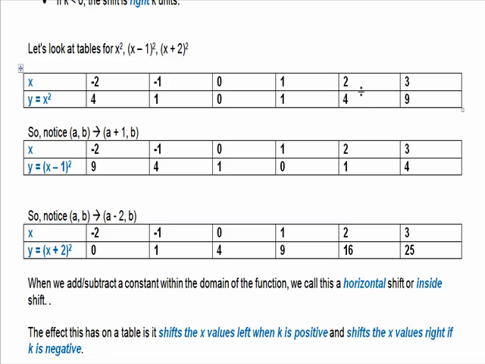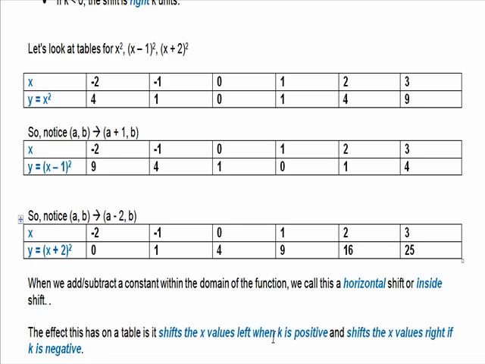If I have (2, 4), and I shift to the left 2, that's going to give me (0, 4). If I have (1, 1), and I shift to the left 2, that's going to give me (negative 1, 1). If I have (0, 0), I shift to the left 2. It gives me (negative 2, 0), and so on.